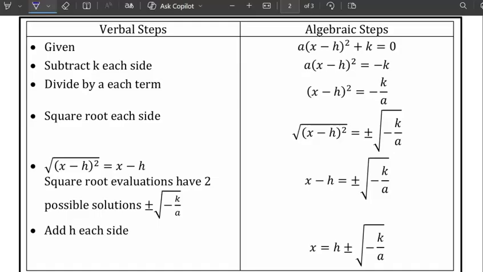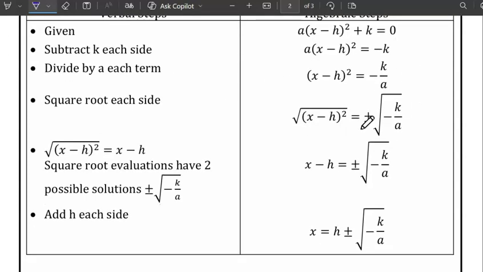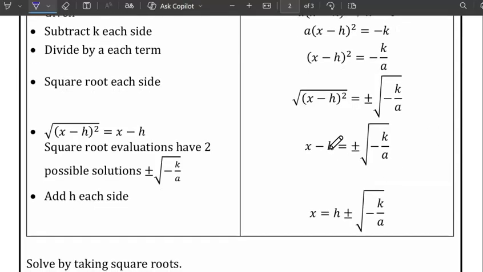Subtract the number by itself from both sides, divide by that leading coefficient, square root each side. You'll put a plus and minus sign in front of the square root that you're solving for. The square and the square root will cancel, and then add the h to the other side.